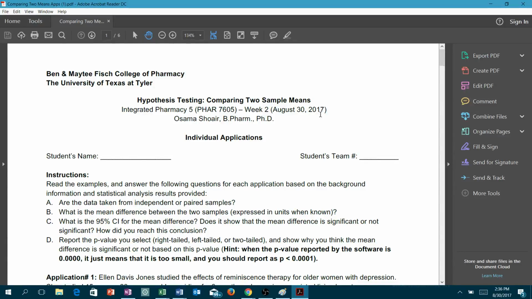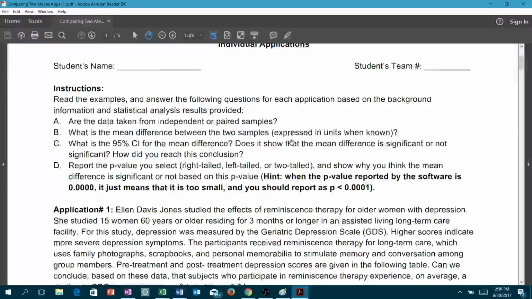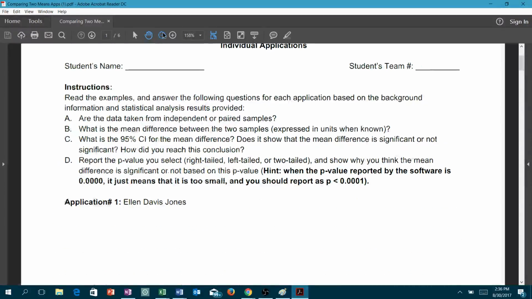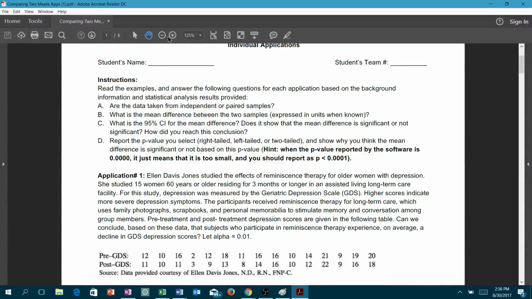But I want you to focus on answering the questions accurately. For each application, question number A would ask, are the data taken from independent or paired samples? This is very important to know.